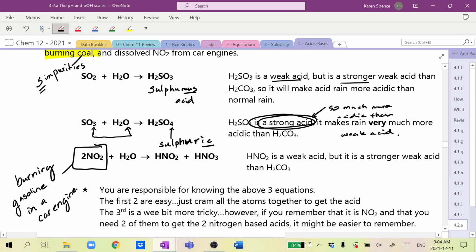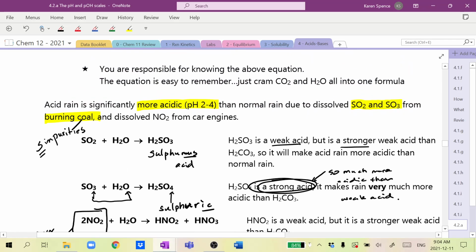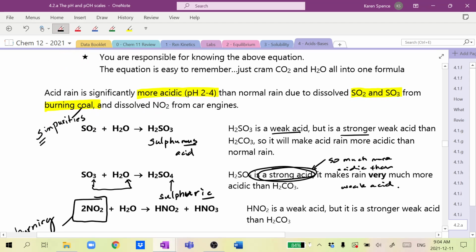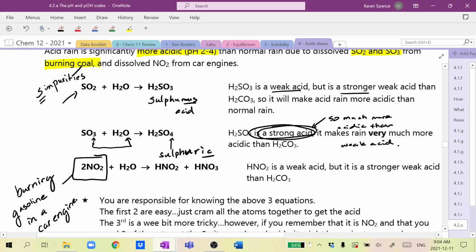Okay, and so this reaction is a little bit less straightforward. So if you don't remember this one, it's not a big deal. If you can remember the other three, the formation of carbonic acid, the formation of sulfurous acid, and the formation of sulfuric acid, you're good to go.